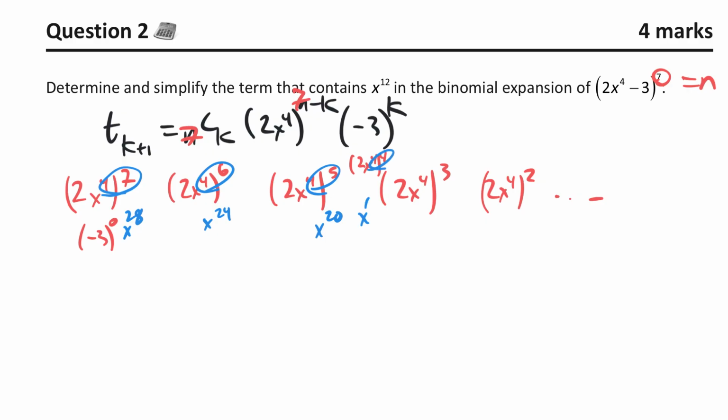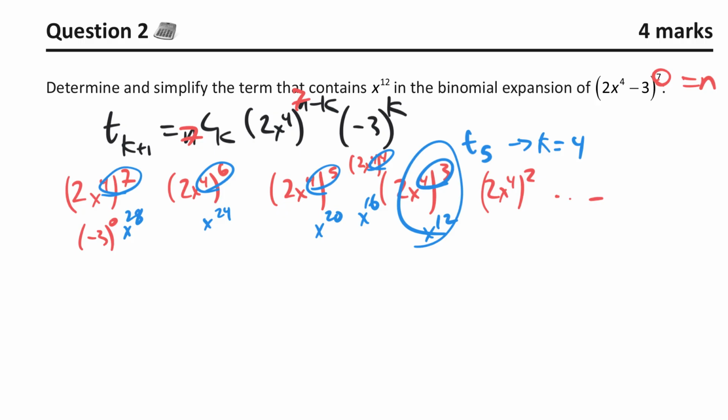That'll be x to the 16. (2x to the 4) to the 3, that'll be x to the 12. Oh, there we go. So this is going to be the term I need. And I can now count along 1, 2, 3, 4, 5. So this is going to be term 5, which means k is equal to 4.